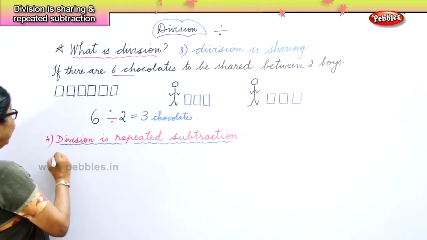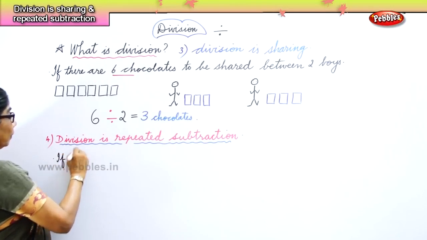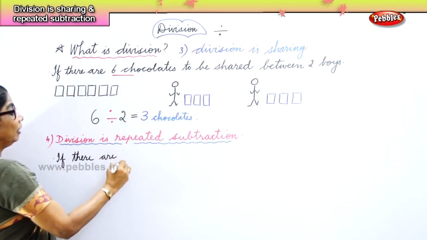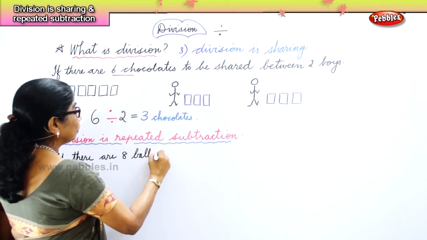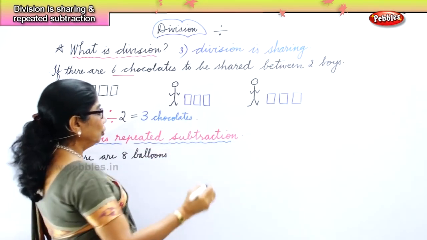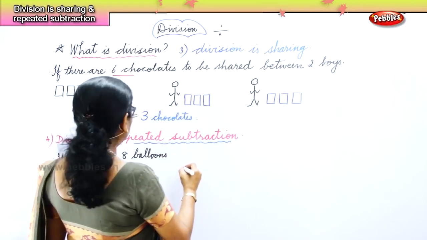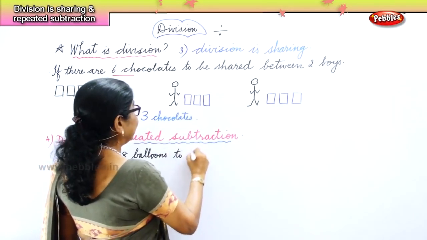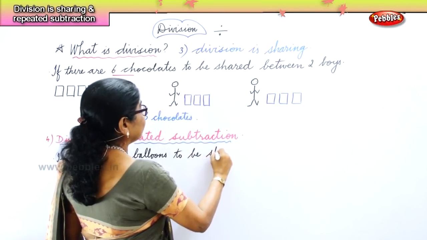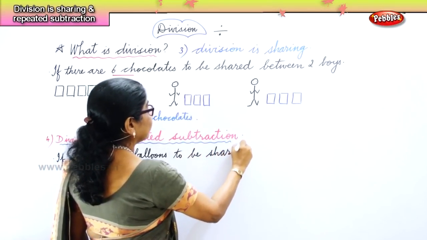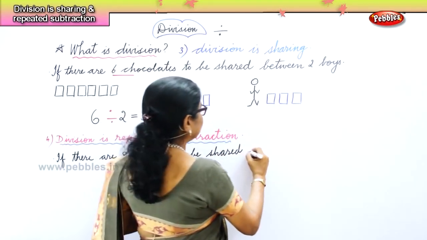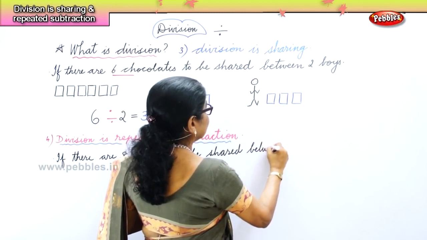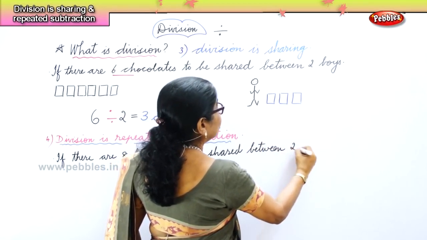So there are 8 balloons put into groups, okay, 8 balloons to be shared between 2 girls.